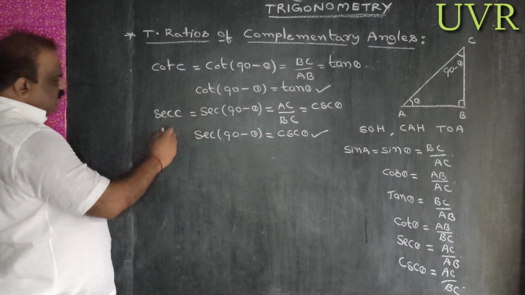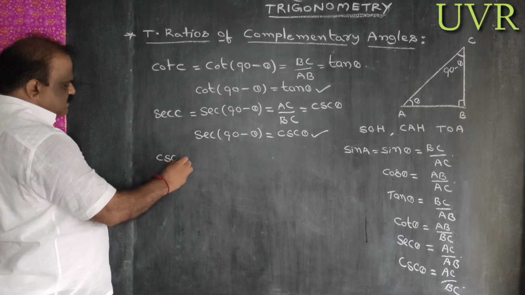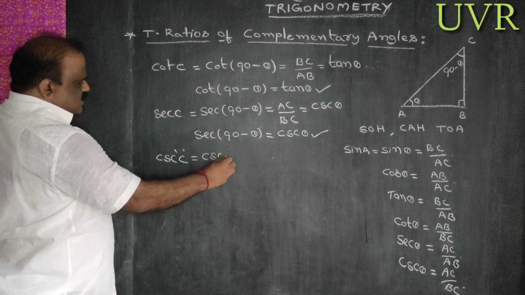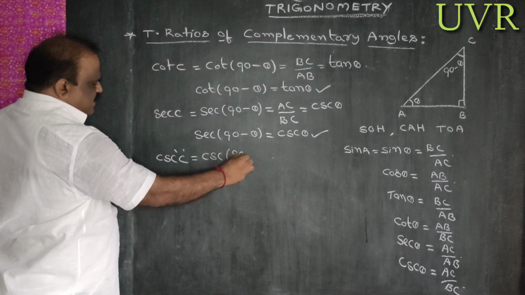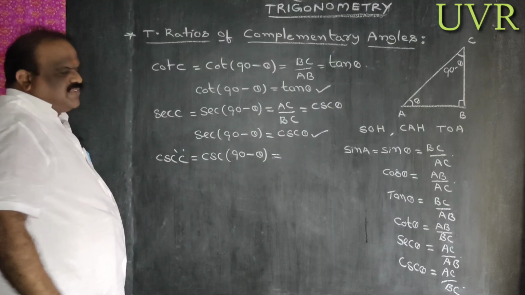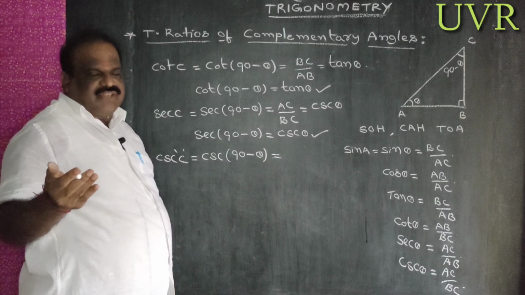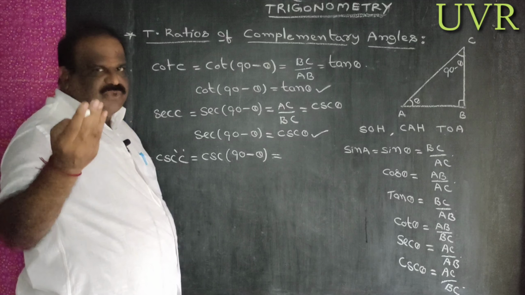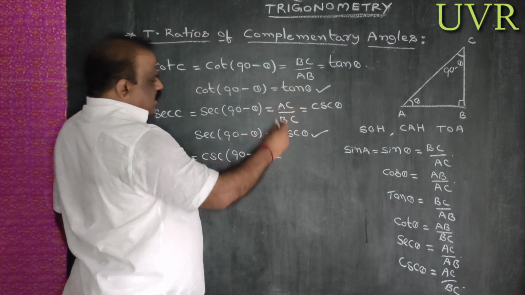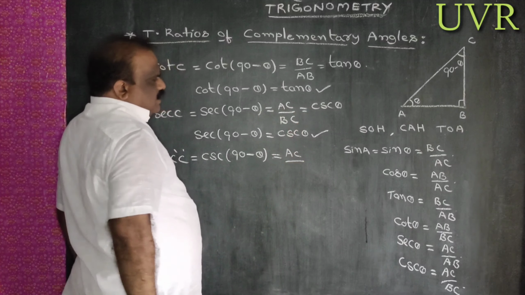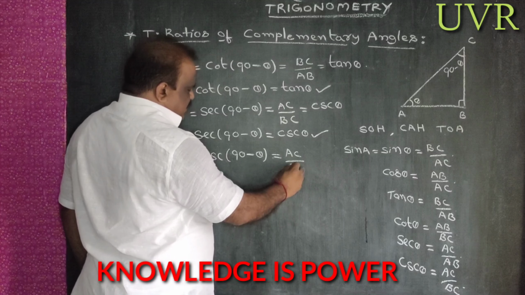Next, cosec C or cosec 90 minus theta. So the definition of cosec is the ratio of hypotenuse and opposite side. Here hypotenuse is AC, the opposite side is AB.